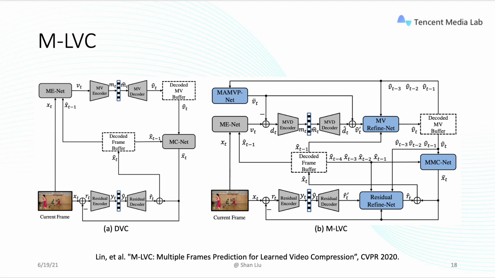And two refinement networks, the MV refinement network and the residue refinement network, are introduced to compensate for the compression error from the autoencoders. And the motion compensation network also takes advantage of using multiple reference frames. All the modules in this proposed scheme are jointly optimized through a single rate distortion loss function.